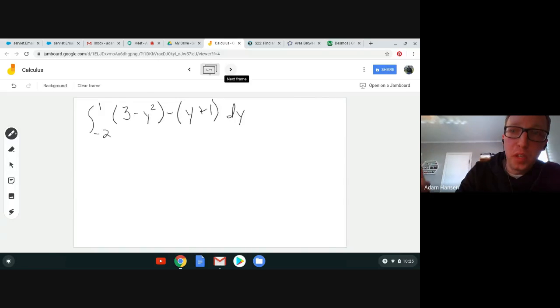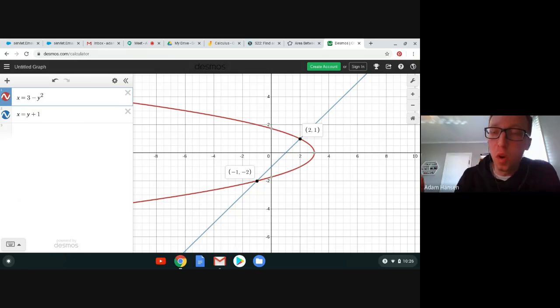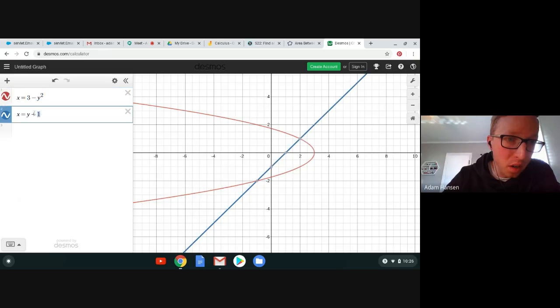Here, we tested a number between -2 and 1. We plugged in 0. I want to know which function is greater than the other between these two bounds, -2 and 1. Well, when I plug in 0 here, I get 3. When I plug in 0 here, I get 1. This gave me a higher value, so I put that function first.